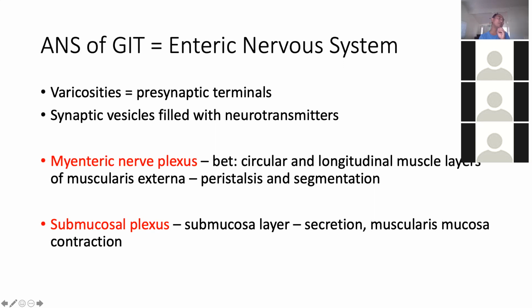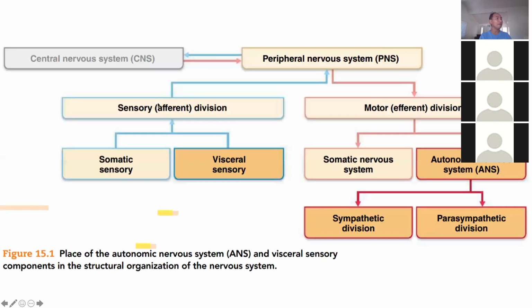So let's talk a little bit about the autonomic nervous system. We need to know a little bit more about it. This is the basic slide diagram of the nervous system, which we will elaborate more when we come to the nervous system lecture.